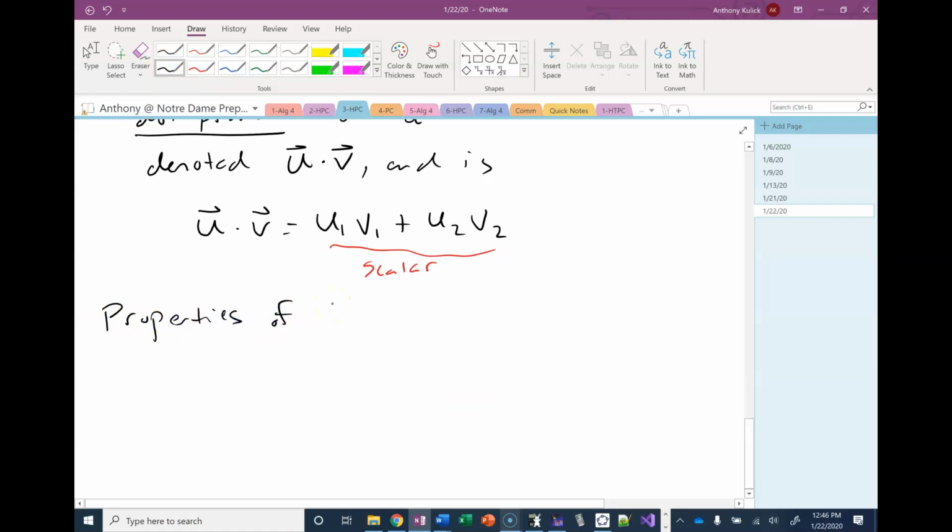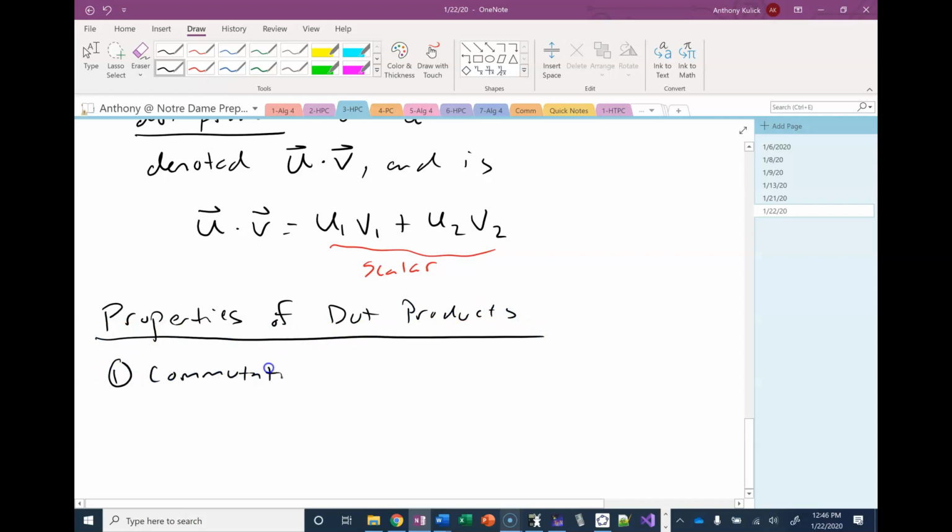So let's outline some important properties of dot products. The first one is the commutative property. What that basically says is that the order you do the dot product doesn't matter, that u dot v is the same as v dot u.